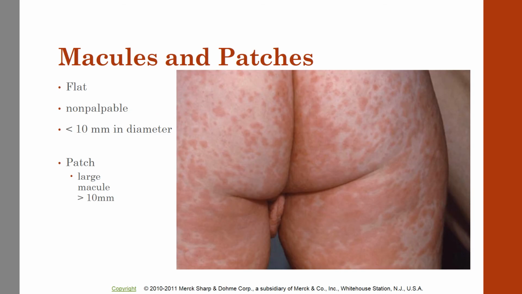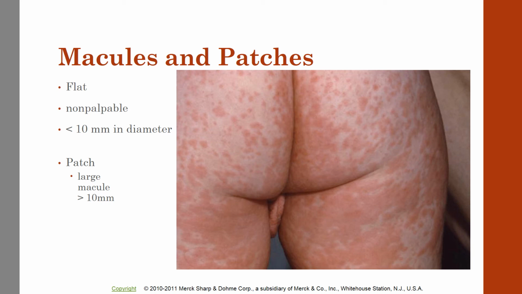The next one that comes here is macule. So a macule is flat. A papule is what? Raised. And a macule, you can see it, but you cannot feel it. It's non-palpable. But again, the magic number 10 is what?